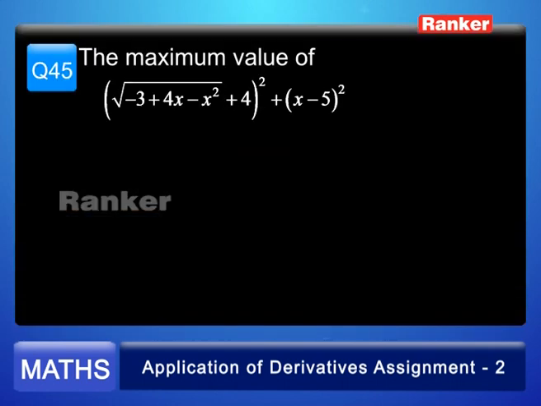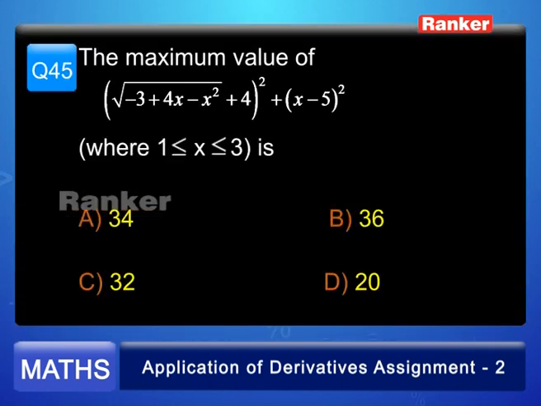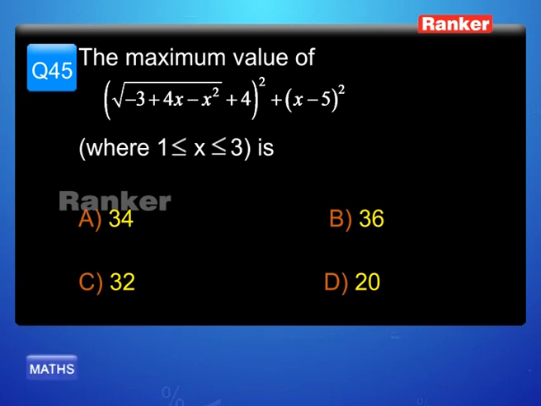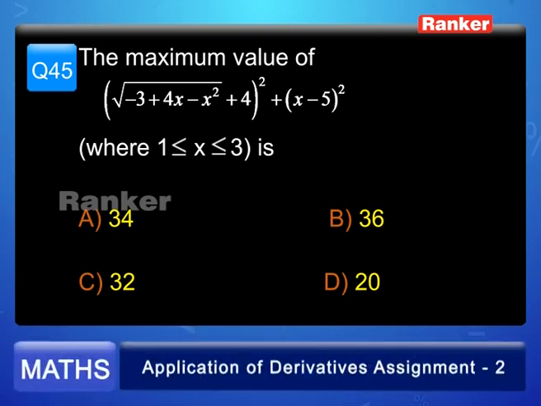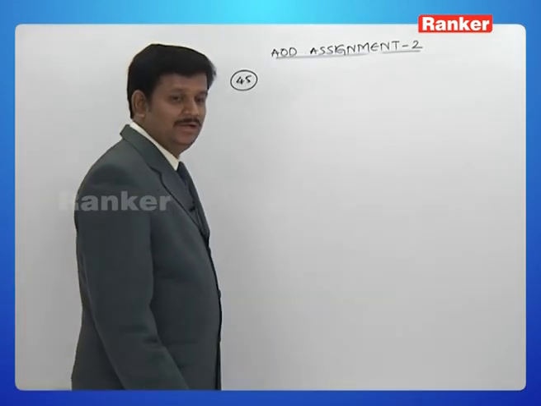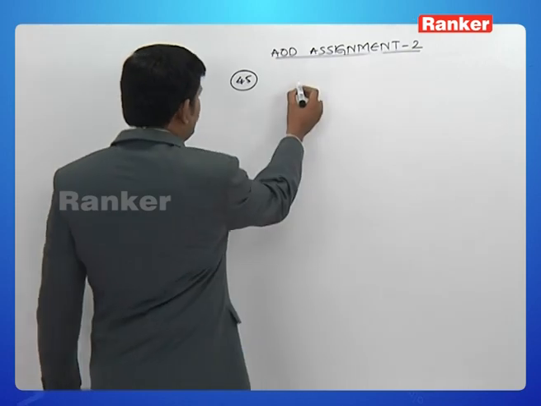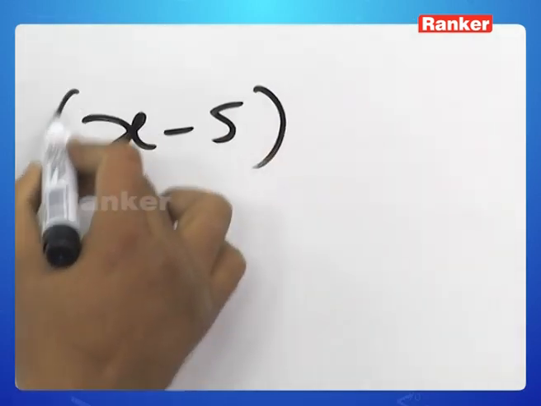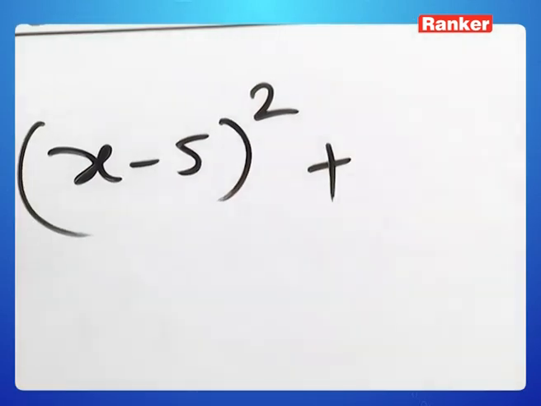Next question, find the maximum value of root over minus 3 plus 4x minus x square, plus 4, whole square, plus x minus 5, whole square, where 1 is less than or equal to x is less than or equal to 3.